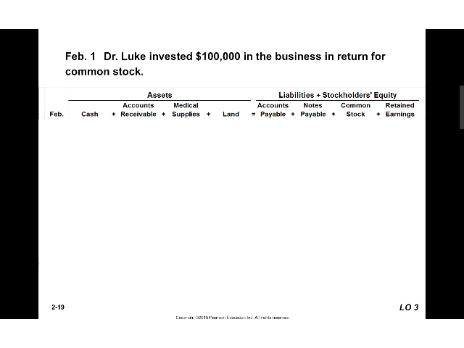Oftentimes on transactions I ask myself, is cash involved and does it increase or decrease? Because cash is easy to conceptualize. Remember we're recording from the standpoint of the business. So what's the business getting? The business is getting cash. Cash is increasing. So we're going to put a plus $100,000 under the cash column.